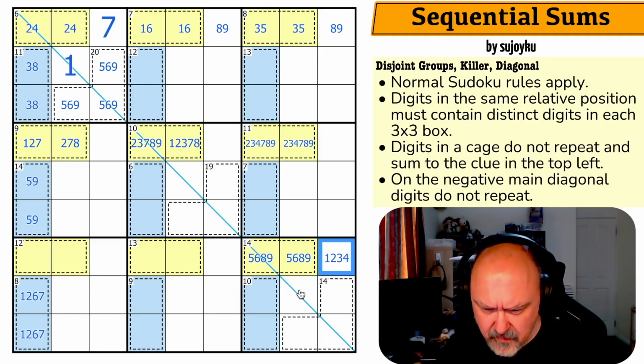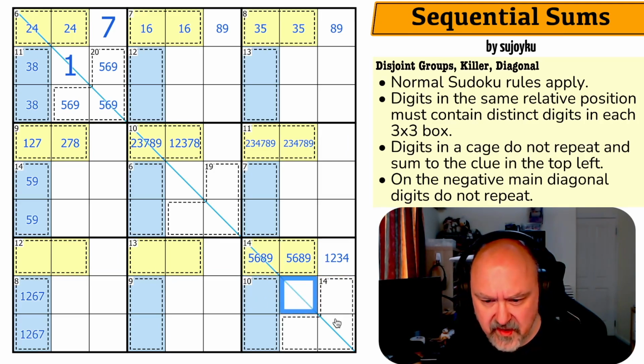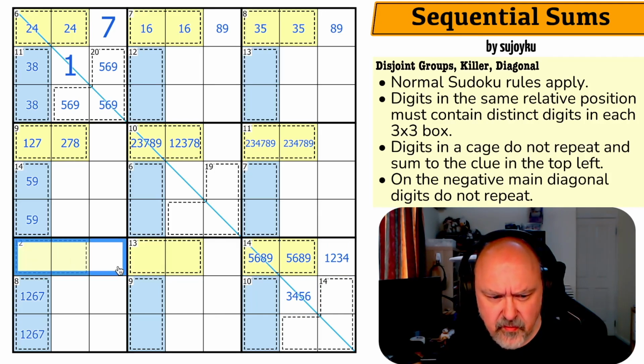And these summed to 7. So this can't be a 2 anymore. So it's 1, 6, 2, 5, 3, 4, or 4, 3. This is 3, 4, 5, or 6. 5 must be in one of these. 5, 9, 5, 8, or 5, 7.